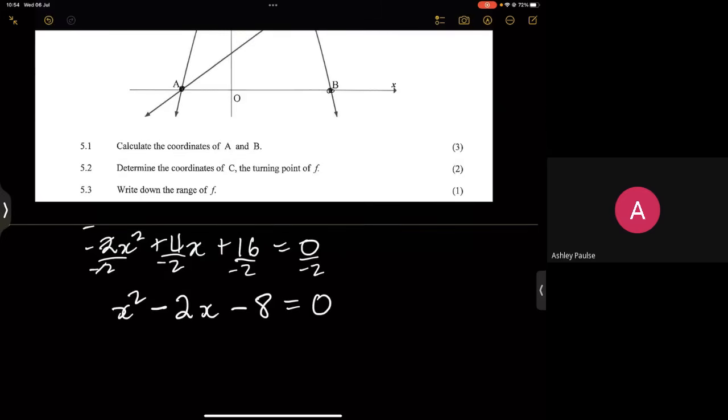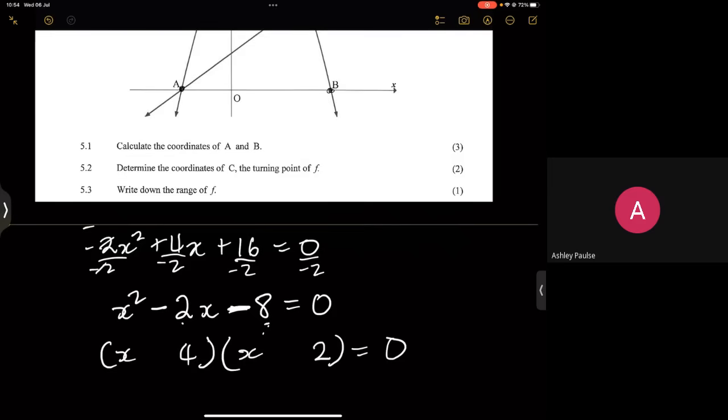How do we factorize this? What are the factors of 8 such that when I subtract them, they give me 2? I'm sure you already see that. We're going to have x and x there. We're going to have 4 and 2, right? If the sign is negative here, it tells us that the signs inside the brackets are not the same.